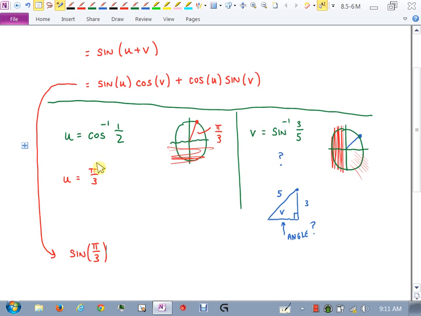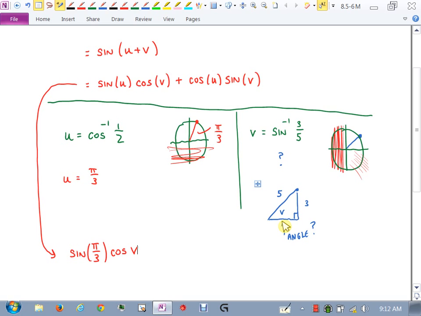Well, U we said was pi over 3, right? Okay, are we going to be able to find what cosine of V is? Well, we were trying to get V, and we couldn't get V right away. But we were able to draw a triangle for V. Now, if I come over here and I have this triangle, can you tell me what cosine of V is here?